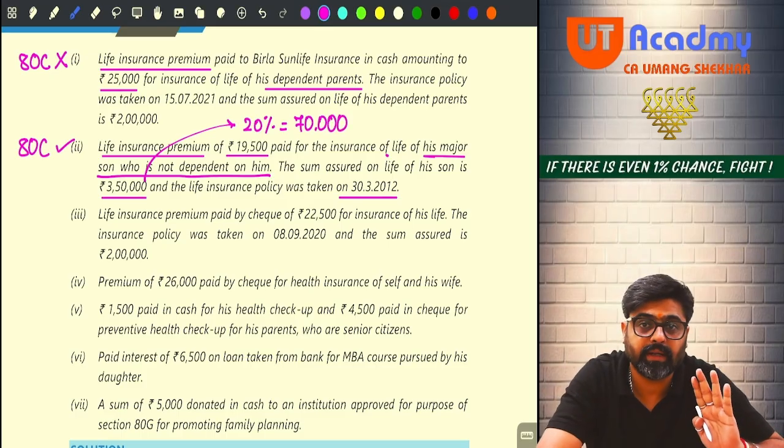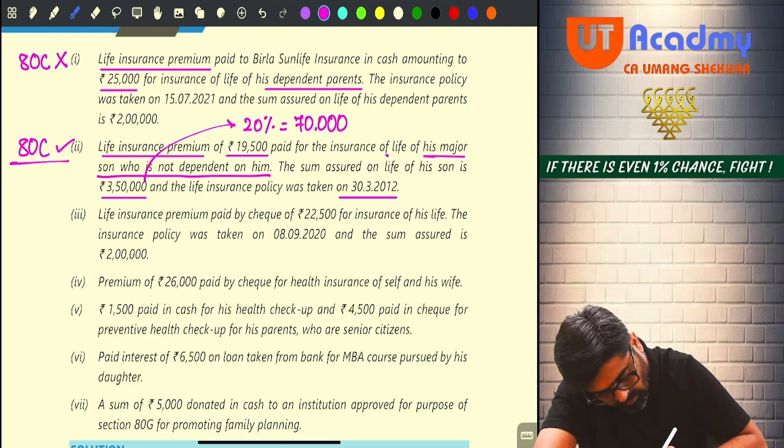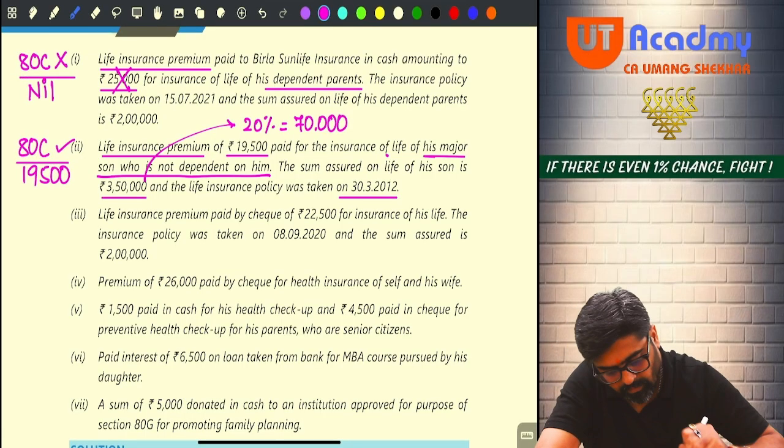So up to 70,000 the premium can be paid. How much premium have you paid? 19,500. So this entire 19,500 will qualify. Yes or no? Here nothing will qualify. Nil. This 25,000 will be ignored.